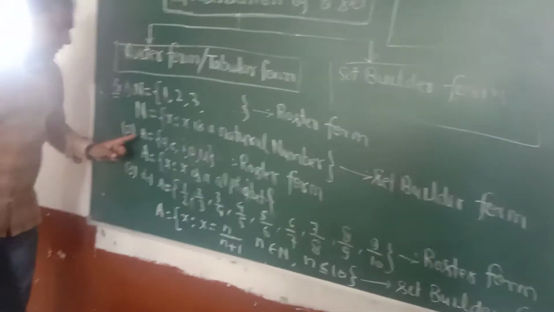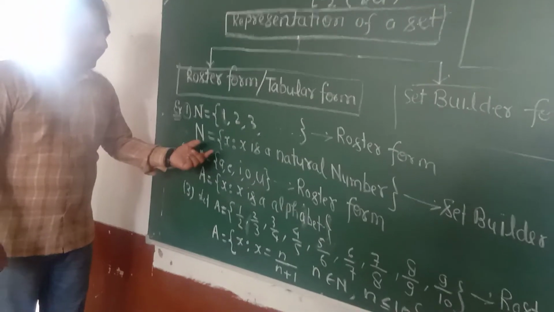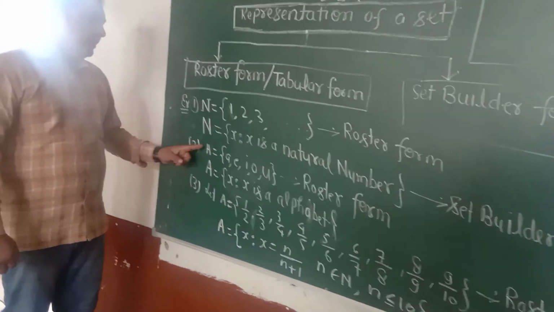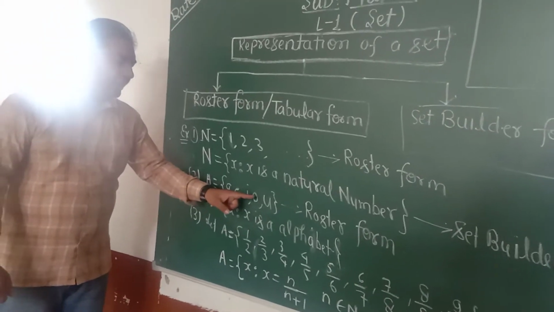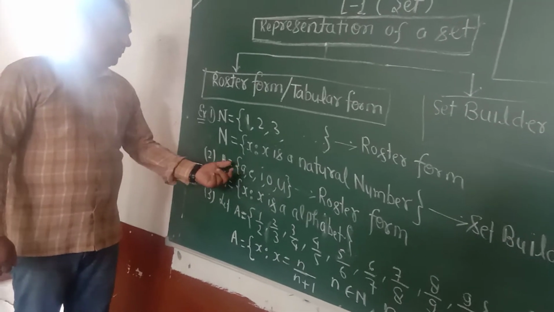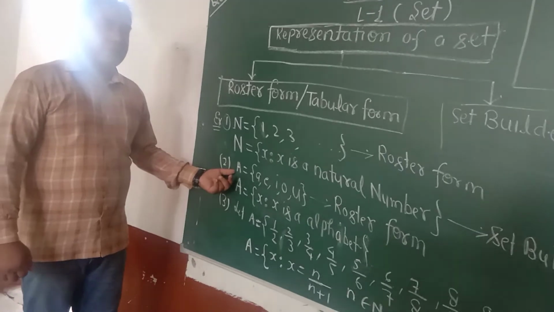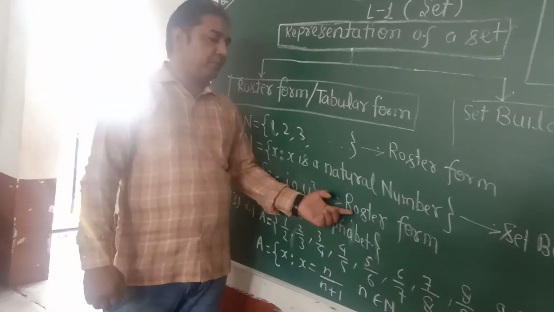In the second set, let the set of vowels be, suppose, set A, and A, E, I, O and U, these are the vowels. We take the alphabet for the representation, capital A. This is the roster form.